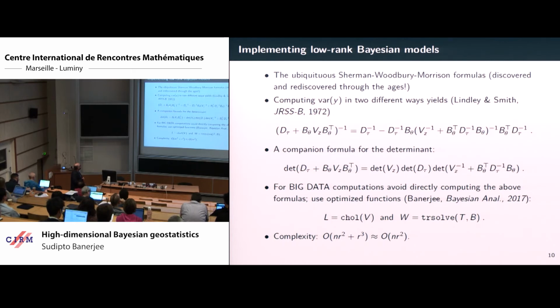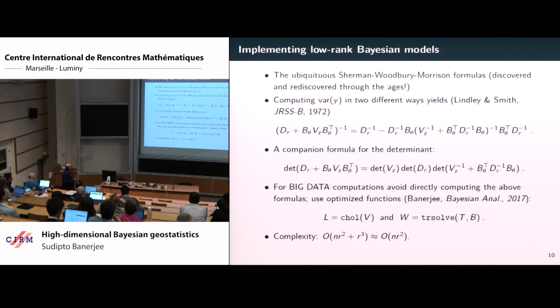And so to compute this n by n matrix inverse, you only need an R by R inverse right here, and a diagonal or sparse matrix inversion here, and you're pretty much done. And then there's a companion formula for the determinant that also says that you only need to compute determinants of an R by R matrix, perhaps a diagonal or an easy matrix, and an R by R matrix, which is a small matrix, again. So that's pretty much it.